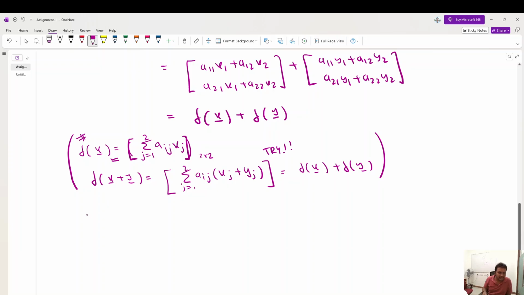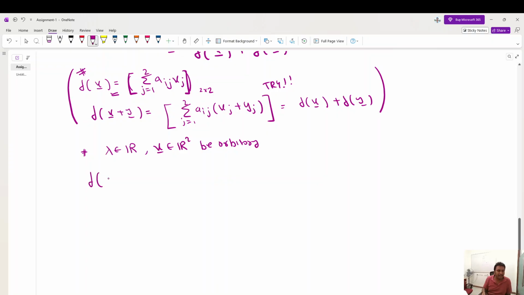So now let us do the second property, which we have to verify. Let us take a lambda in R and x lower bar in R2, arbitrary. Now you know what you have to start with. You have to start with f applied to lambda x lower bar. By definition it would be lambda x1, lambda x2.